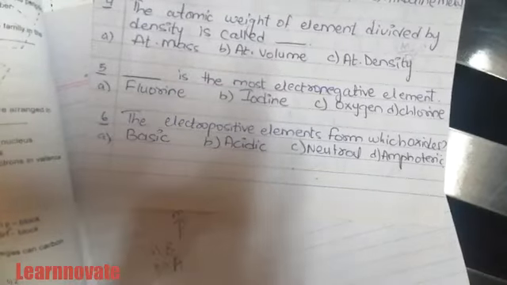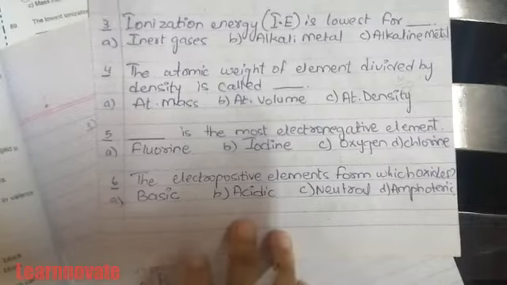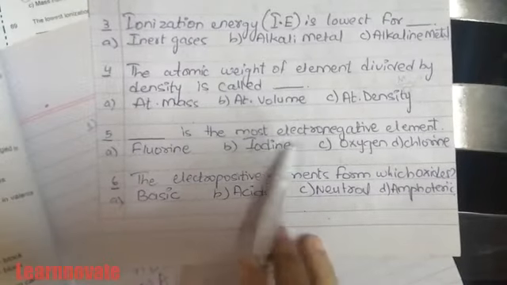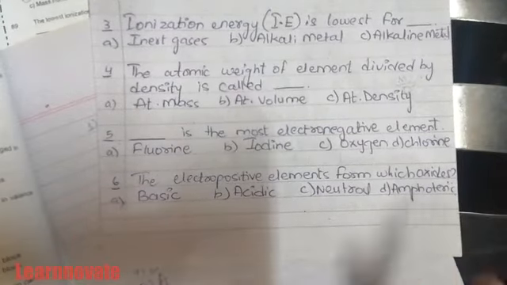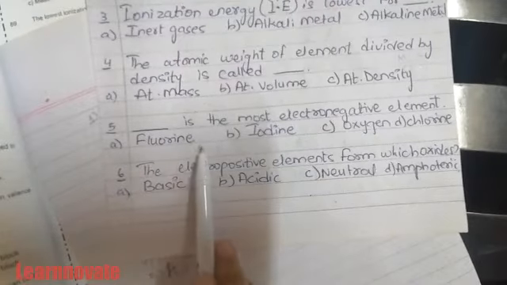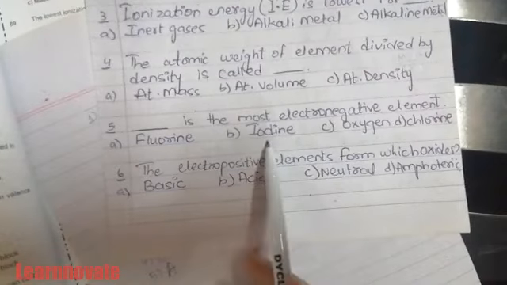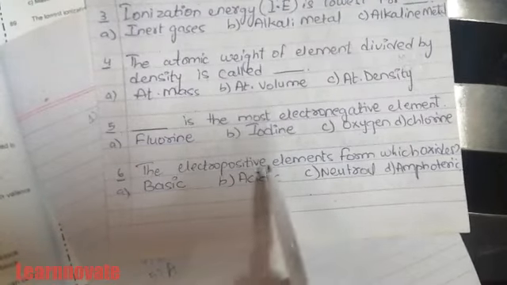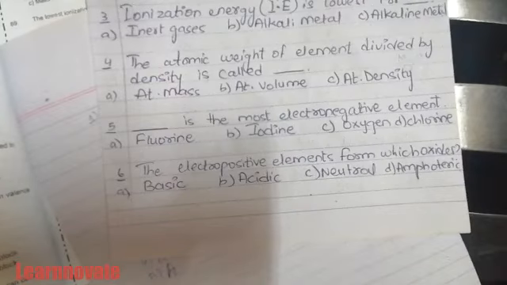Because of the highest electronegativity: the electronegativity of fluorine is 4.0, that's why it is the most electronegative element. It should also be remembered that the electronegativity of fluorine is greater than chlorine, which is greater than iodine. So electronegativity decreases from fluorine to chlorine to iodine.